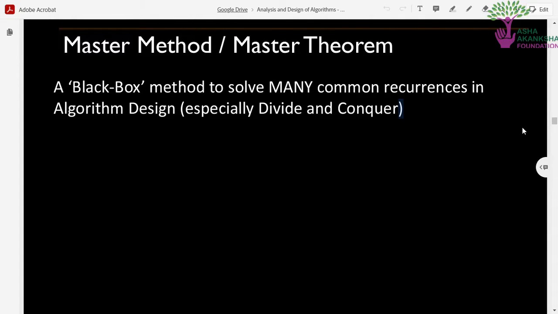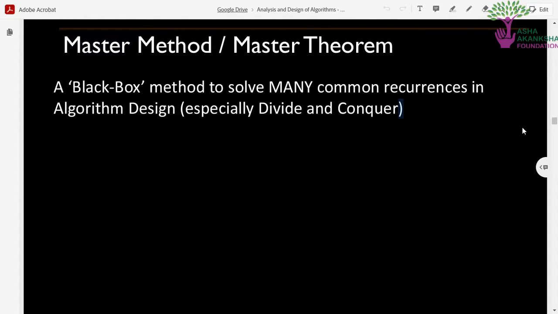So how do we calculate the time complexity? There are many methods to calculate time complexity after seeing an algorithm, and Master's theorem or Master's method is one such method which helps us to directly deduce the time complexity of any given algorithm by following a certain formula.